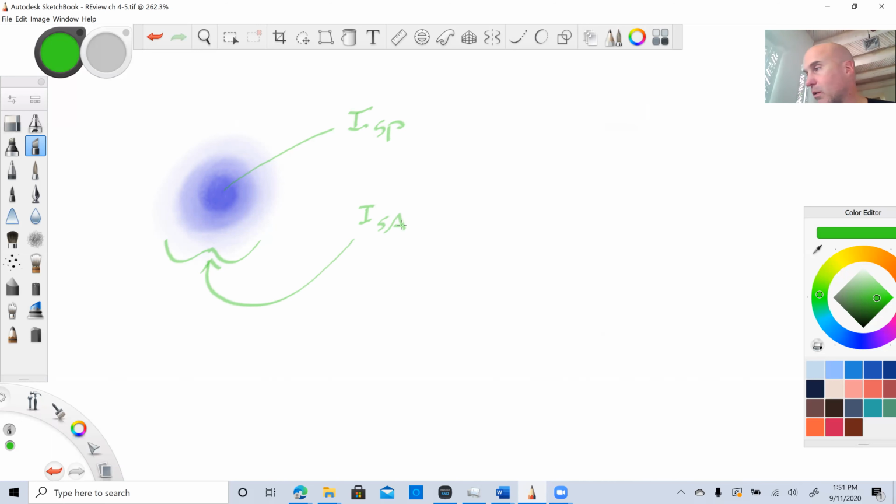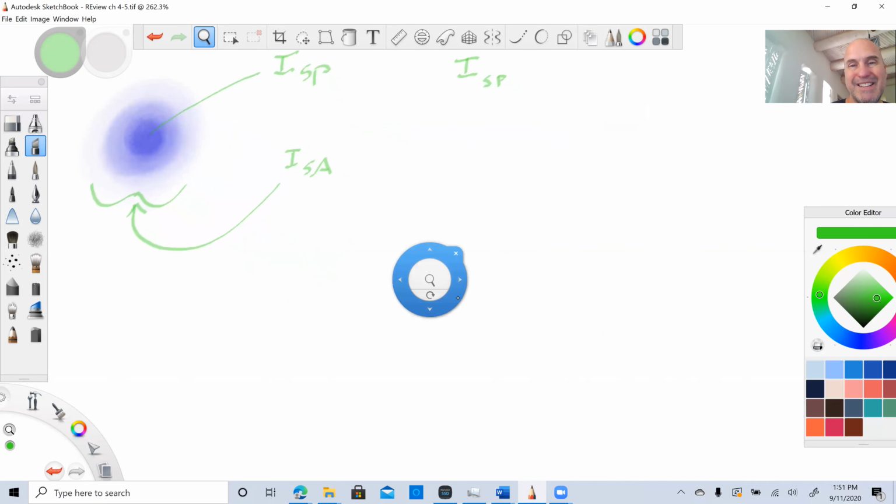Now remember, when we put these together, we put our spatials first. So we're going to put an intensity S something, let's say SP. Now, the second part of that, we need to know in time. So these are spatial.